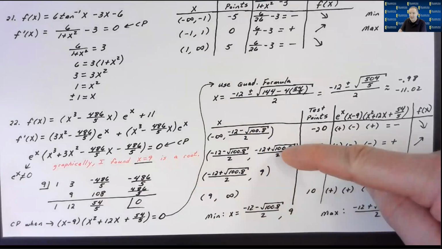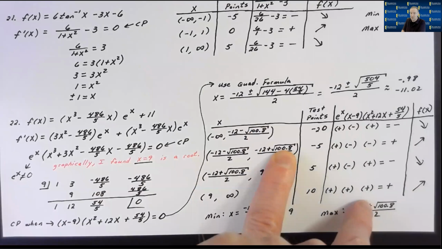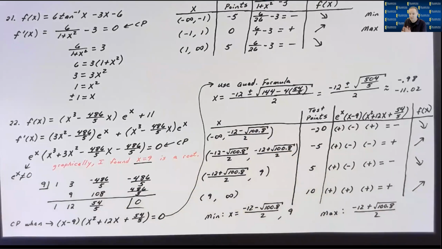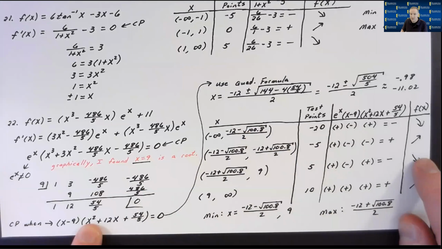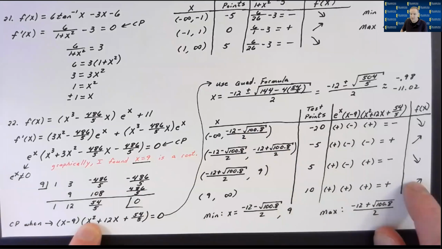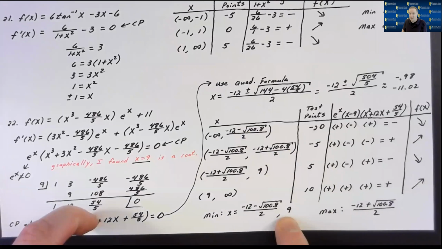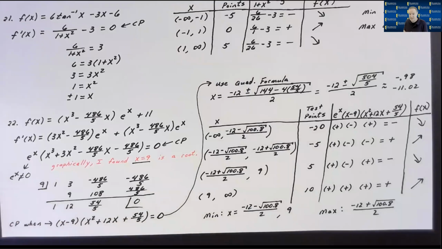So I would have a maximum at negative 12 plus the square root of 100.8 all over 2. And then what about at 9? Well, it's decreasing before 9, increasing after 9. So I would have another minimum value at 9 since it decreased before and increased after. And that would be all the extreme values of this cool looking function for 22.